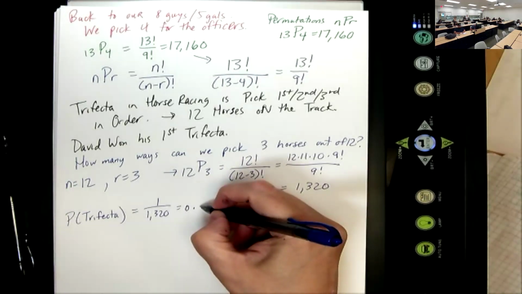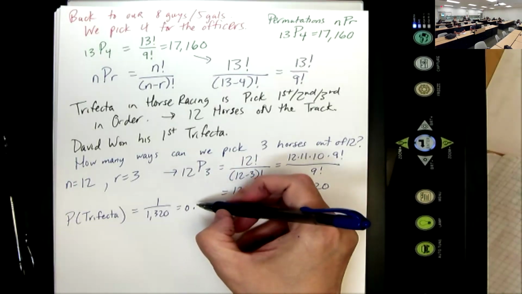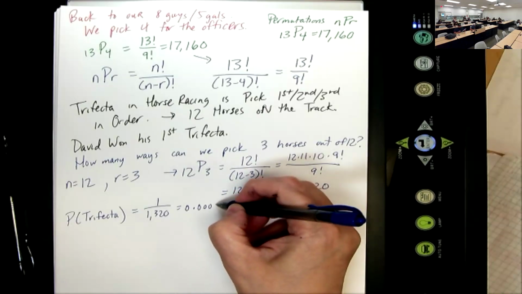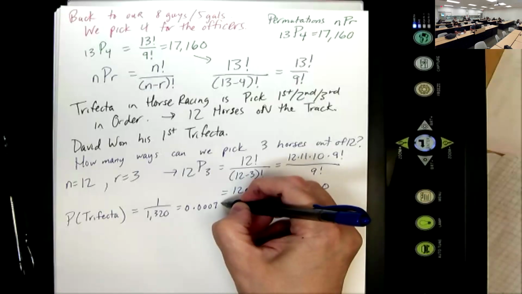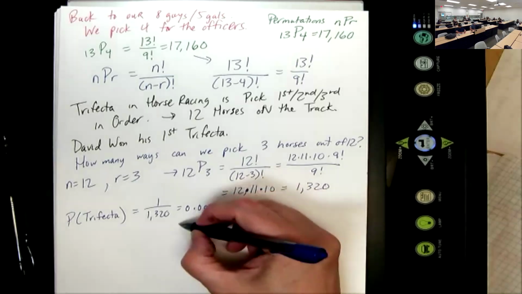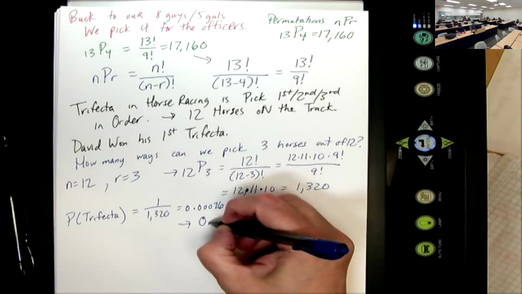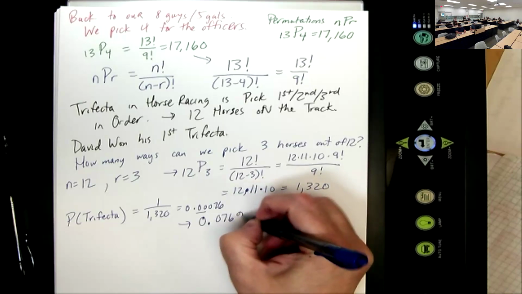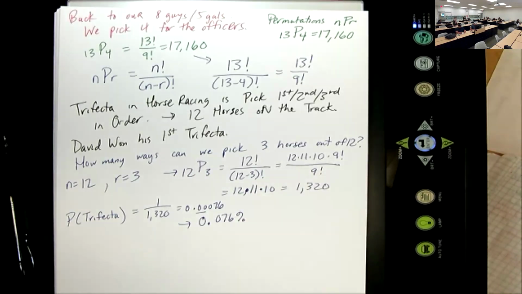As a decimal, that's 0.000757 and it kind of keeps repeating. If I were to write this as a percentage, 0.076%. Not even 0.1%. Not very high.